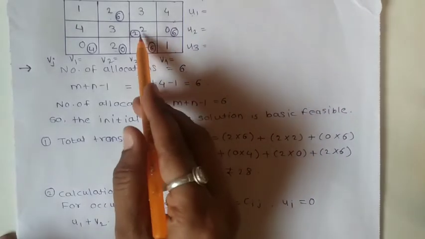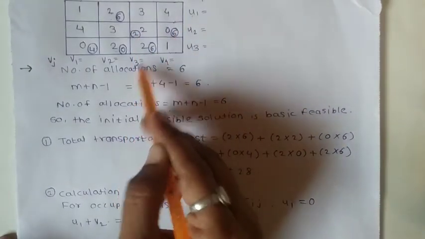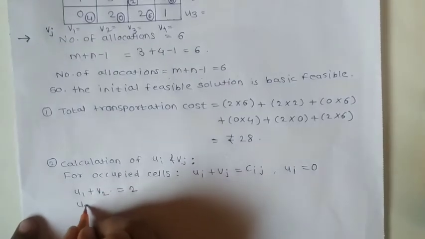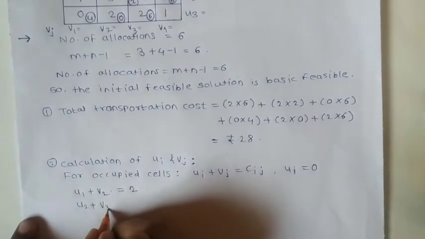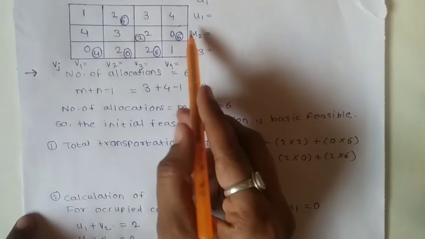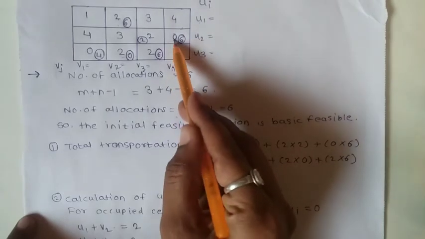Next allocated cell is U2 plus V3 equals 2. Next one is U2 plus V4 equals 0.